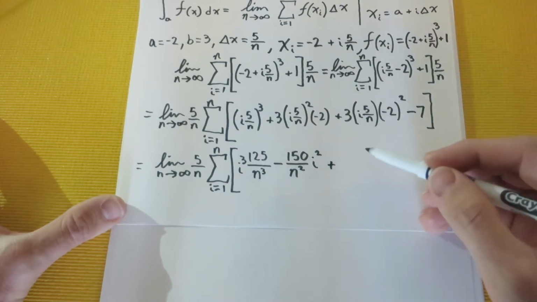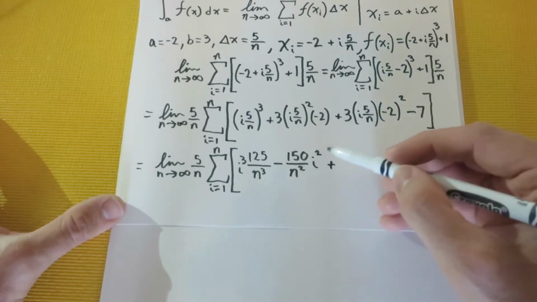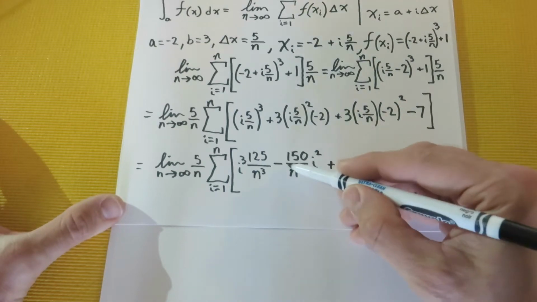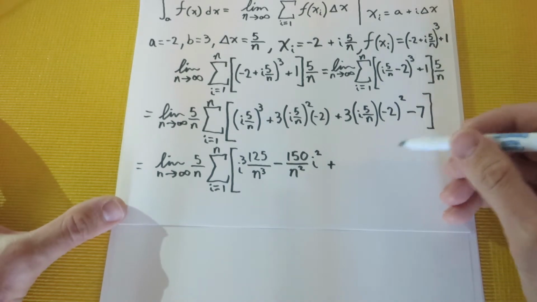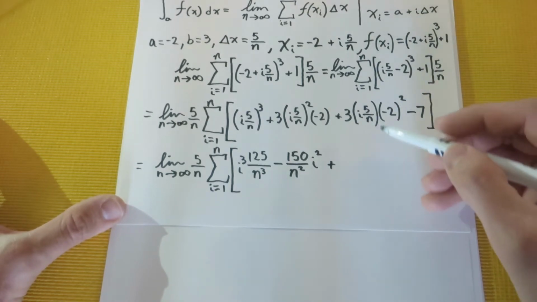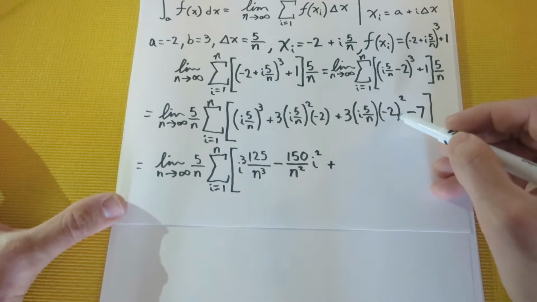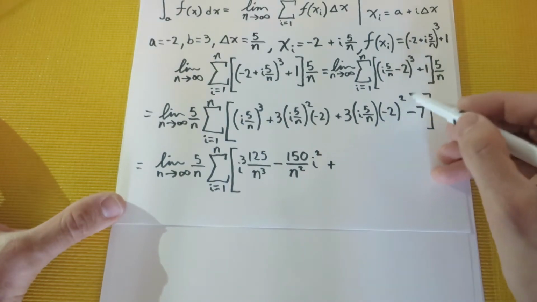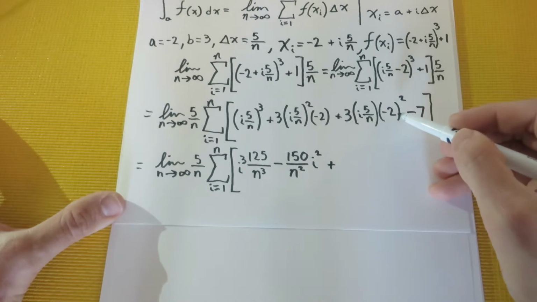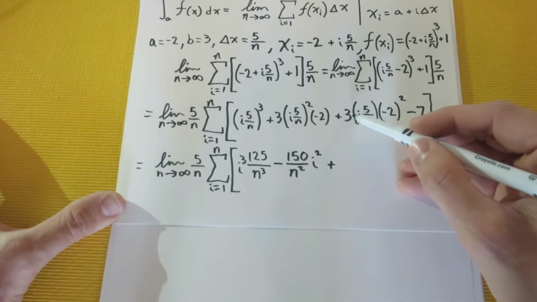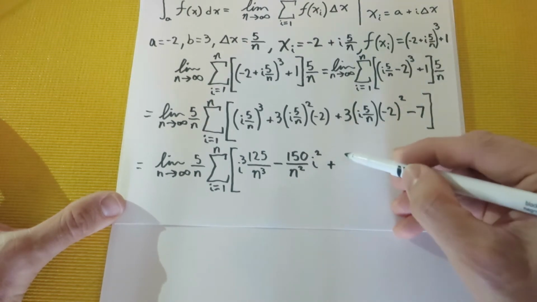Plus, and I know I should have probably kept the i squared on the same side like I did the i cubed over here, but we'll just ignore that for the moment. Plus, negative 2 squared is just going to be positive 4 times 5 times 3 is going to give us 60.